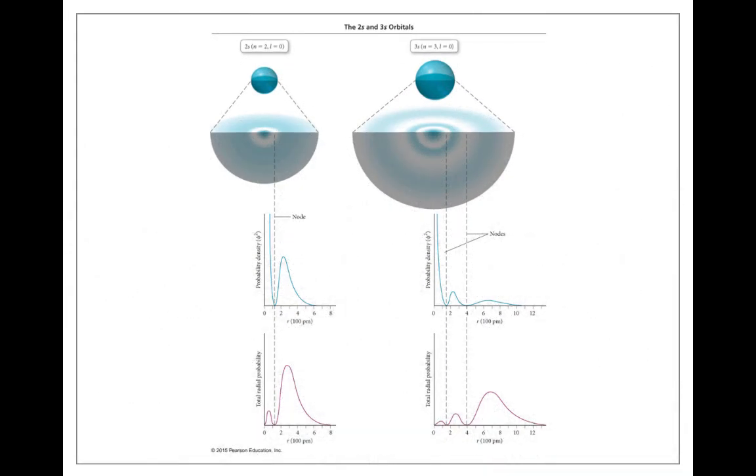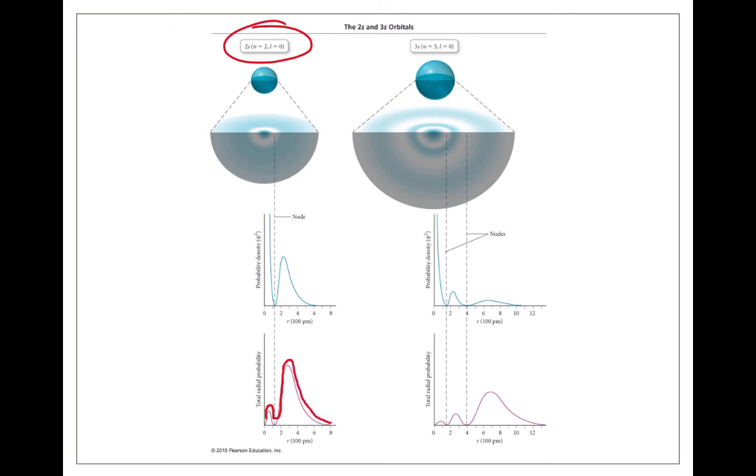graph of a 2s and a 3s orbital here. For the 2s orbital, we've got a little bit of probability density here, and then a node, and then it comes back up.